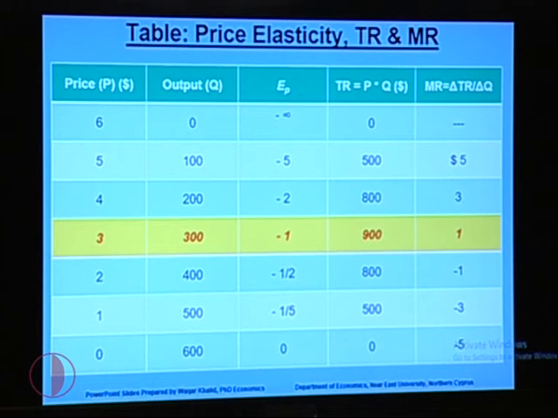Total revenue is price multiplied by Q. In this case total revenue will be 0. Then 500, 800, 900, 800, 500 and 0 because P is 0.